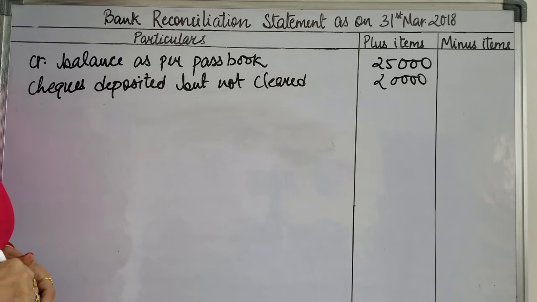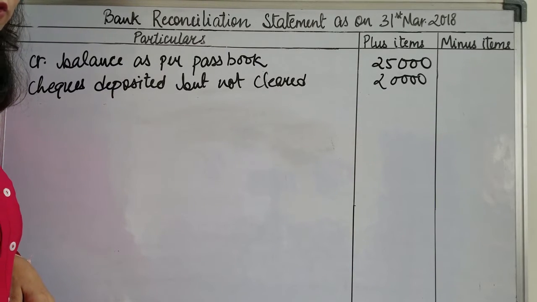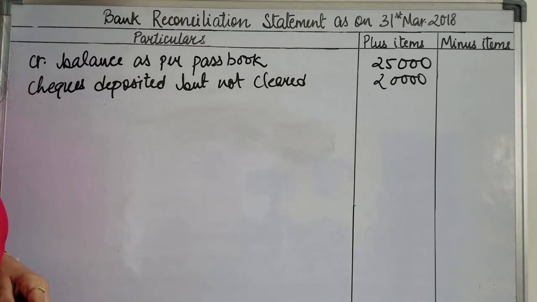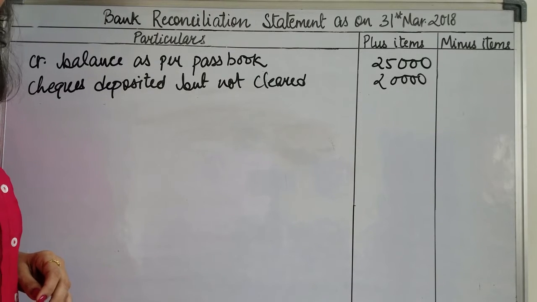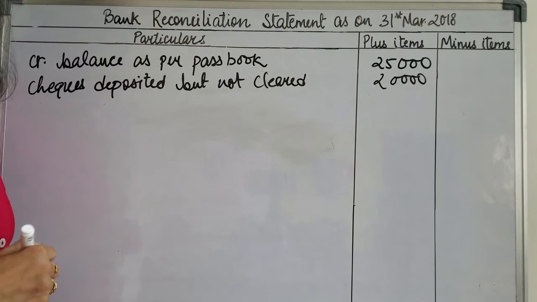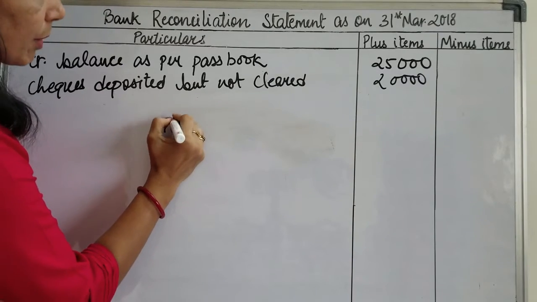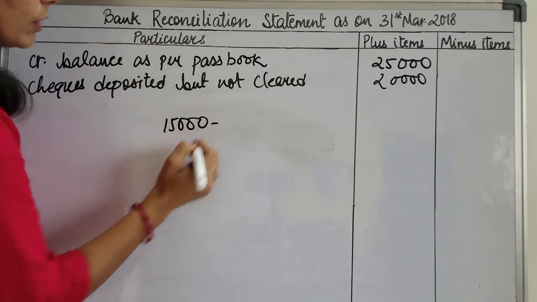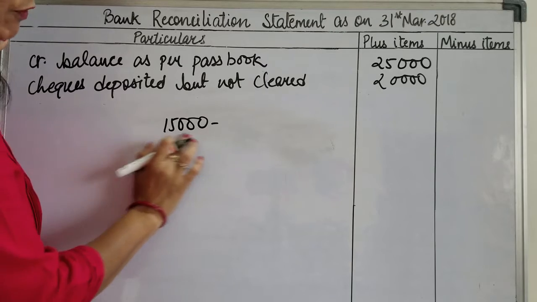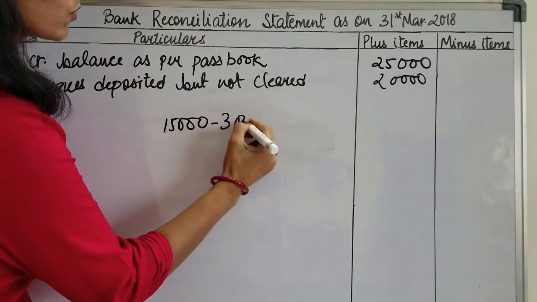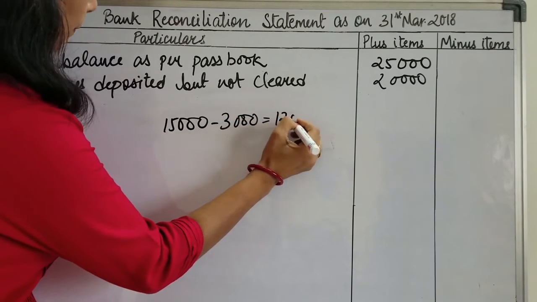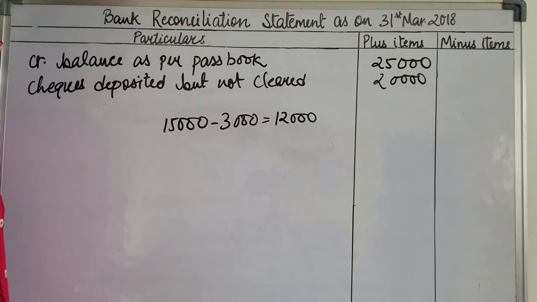Now the next statement says on 28th March 2018, checks were issued amounting to rupees 15,000, out of which checks of rupees 3,000 were presented in March, rupees 4,000 on 2nd April, and the rest were not presented. Here checks amounting to rupees 15,000 were issued, but out of these only 3,000 were presented for payment until 31st March.